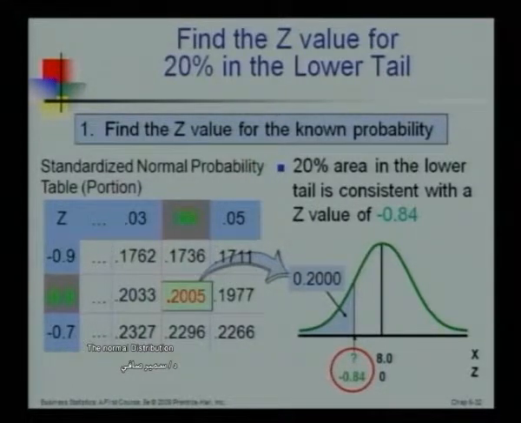The closest value to 0.2 is 0.2005. Now, the corresponding value to this probability is minus 0.84. So your z-score is negative 0.84. So this is the first step. Any questions?